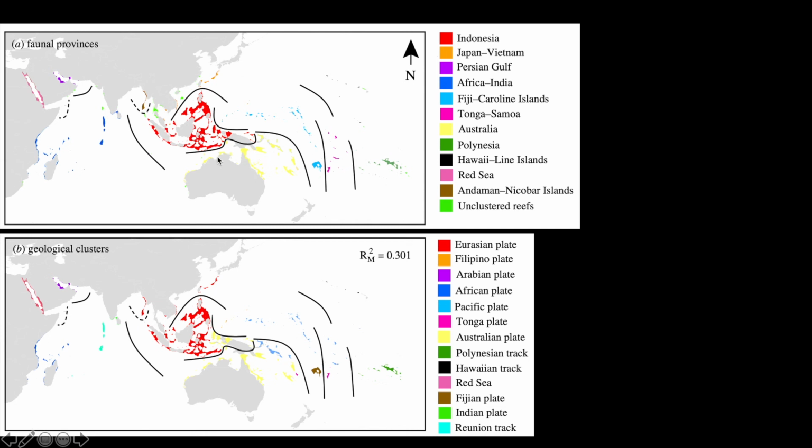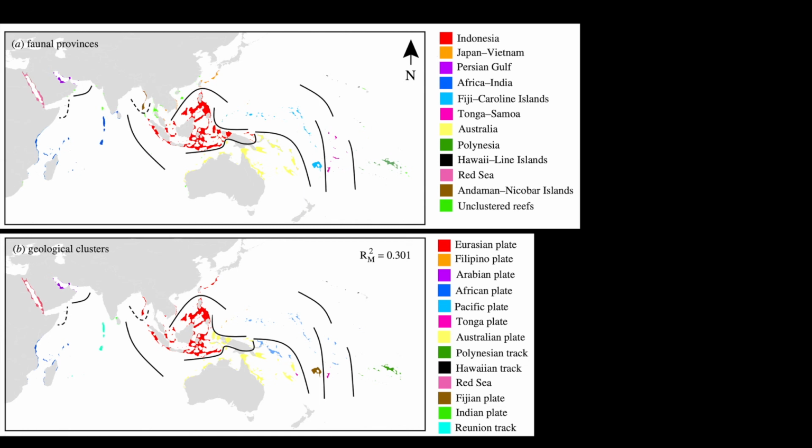So this is the Australian faunal province of coral. We have the Indonesian coral cluster, which we are part of. The Japan-Vietnam cluster right here. And all the Micronesian islands have their faunal provinces too.